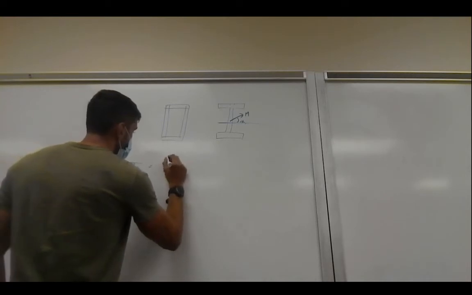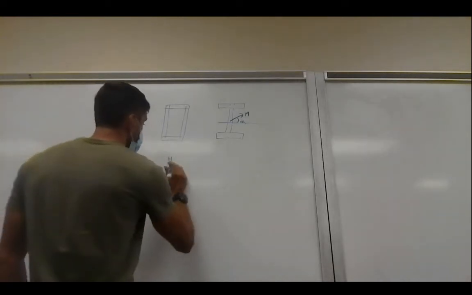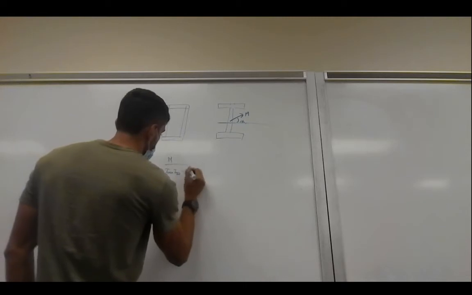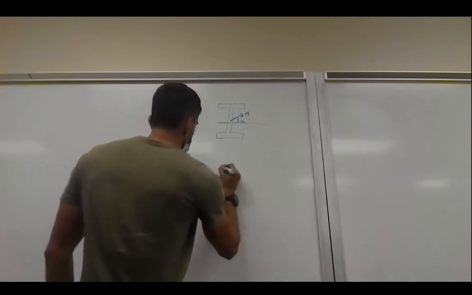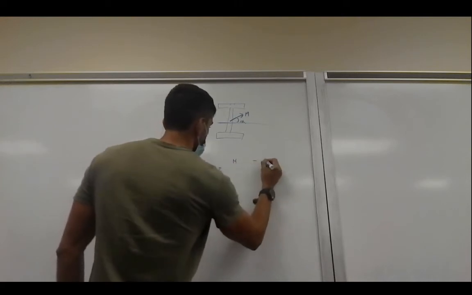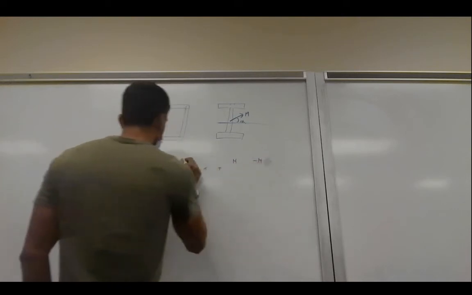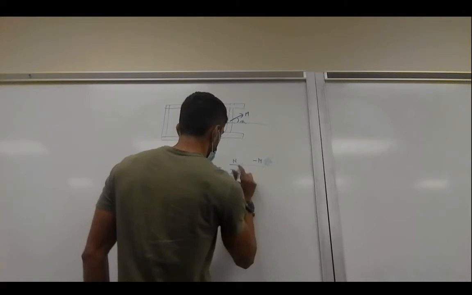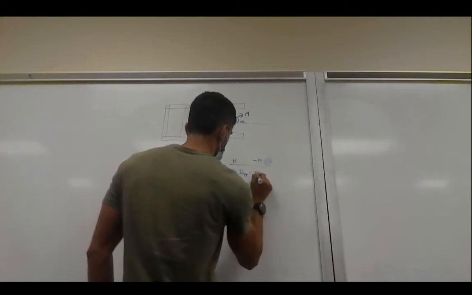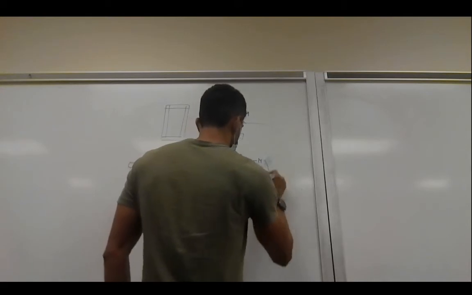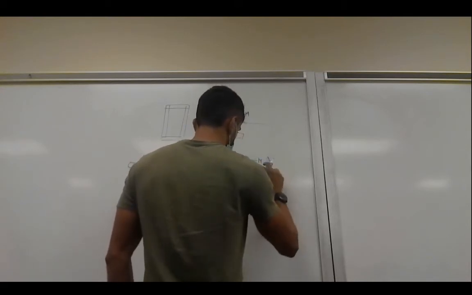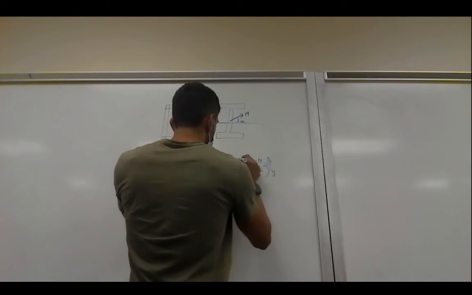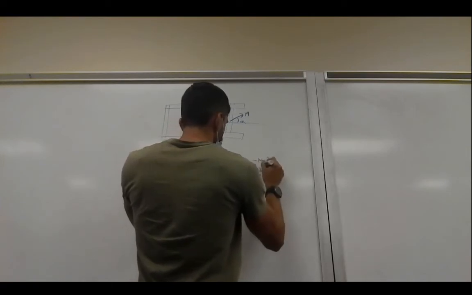Let's see, I know that's y. So this one is Ixx, Iyy minus Ixy squared, x plus... so it means that this must be Iyy, this must be Ixy.